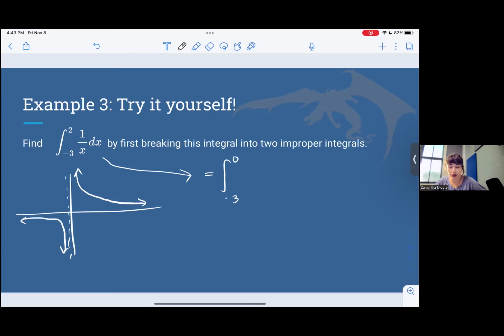You need to do the improper integral that includes 0 from the left side, and then the improper integral that includes 0 from the right side. So you should go forward now and do the techniques that we've been talking about on this integral and this integral separately. All right, so I will pause here for a moment. Pause the video and try this problem.